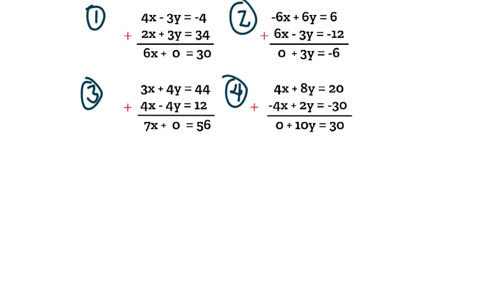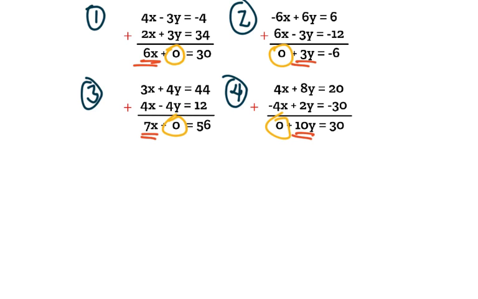Okay, so there's lots of things that I'm hoping you may have noticed. I'm going to point out what I noticed. I noticed that I've got a 0, a 0, a 0, and a 0 on every single equation. I also noticed that in equation 1, I have only x, and in equation 2, I have only y, and in equation 3, only x, and in equation 4, only y.